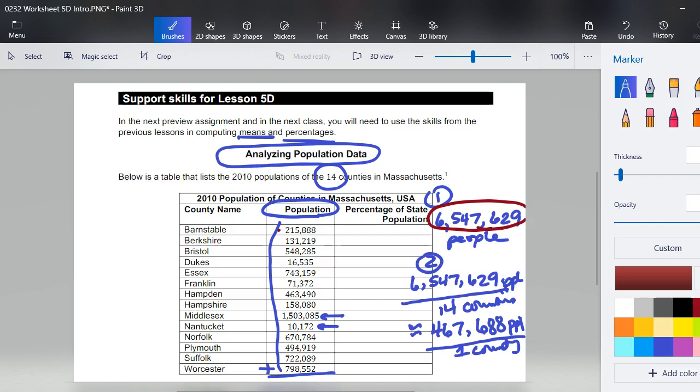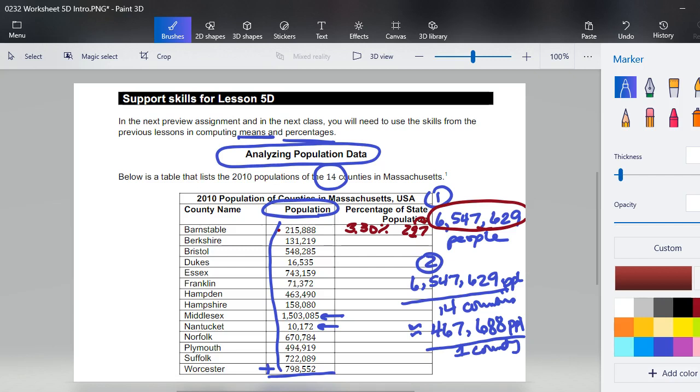I get a decimal value, so then I'm going to multiply it by 100, and the directions on number 4 are asking us to round it to the nearest hundredth of a percent. So I'm getting 3 point, then I see 297. The 9 is where I'm rounding to, but the 7 is going to make my 9 go up to a 30. So I'm getting 3.30 percent of this entire state of Massachusetts.